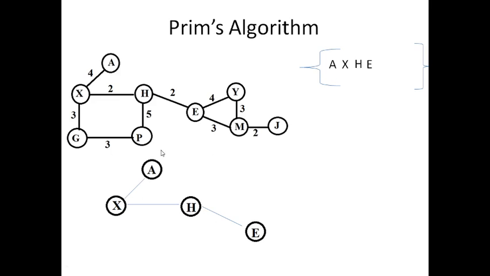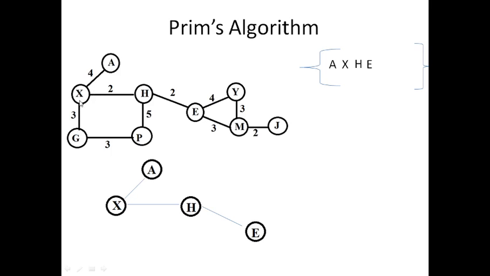With 4 vertices, we can include any vertex which is adjacent to any one of these 4 vertices, but the one with the minimum weight. Considering the choices, we have E to M with 3 and X to G also with 3.